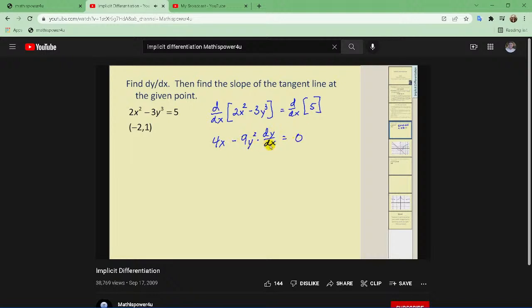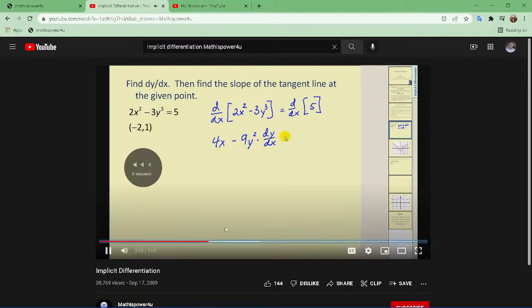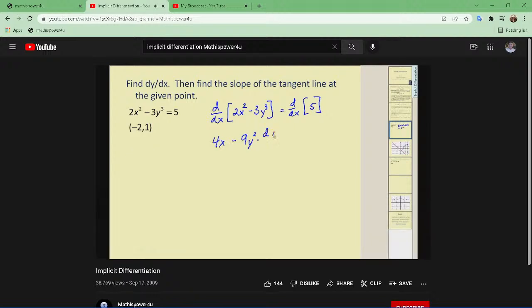So we'll isolate this term on one side, so we'll subtract 4x on both sides.